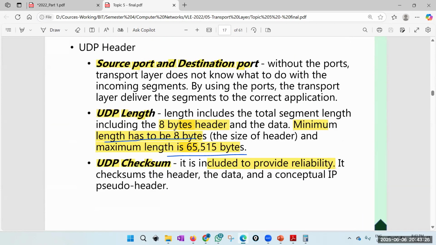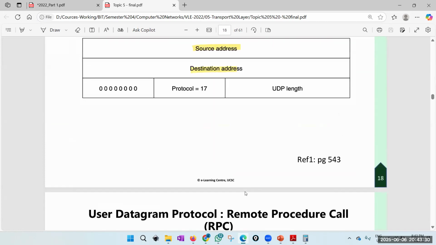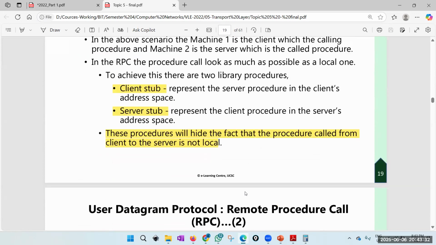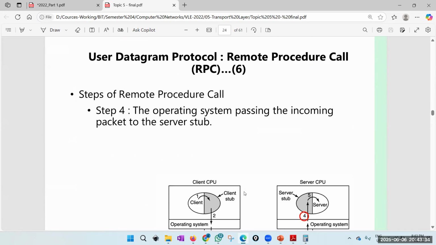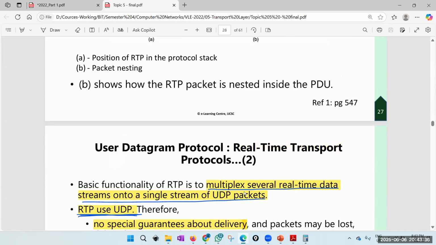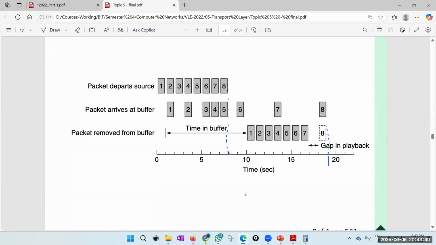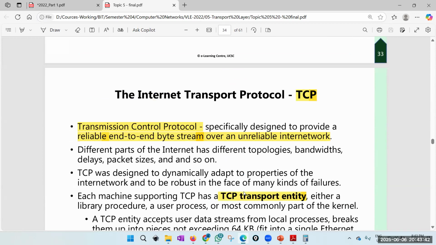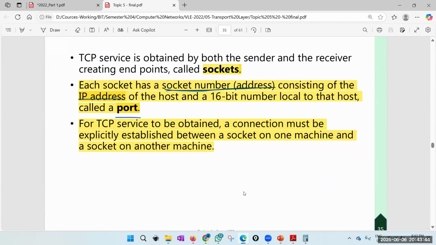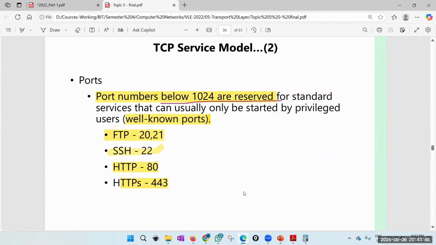This is the UDP checksum, 8 byte. What about the TCP checksum? TCP we discuss after, but it's okay. So this is TCP.